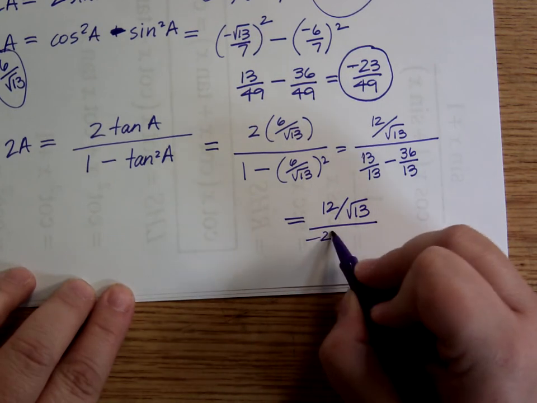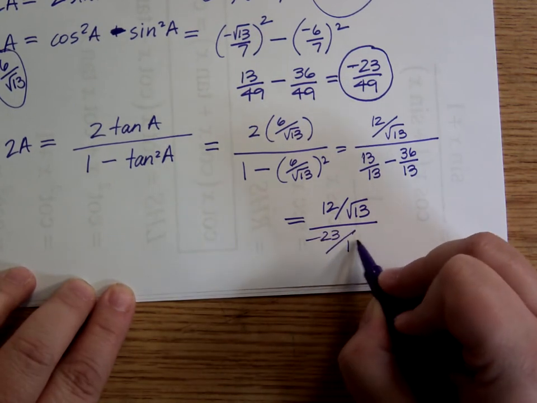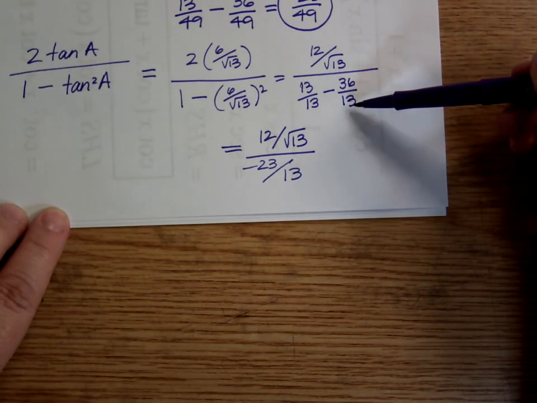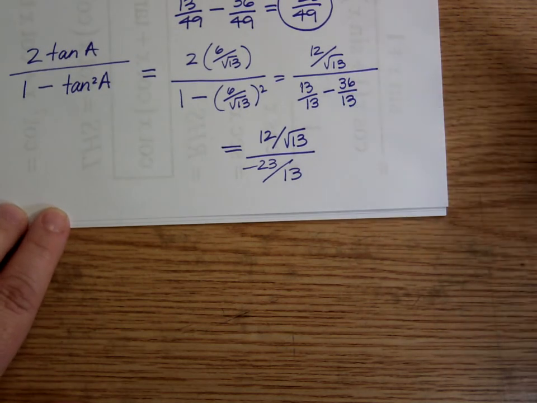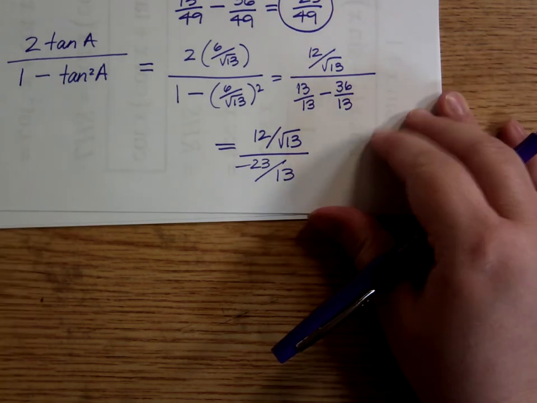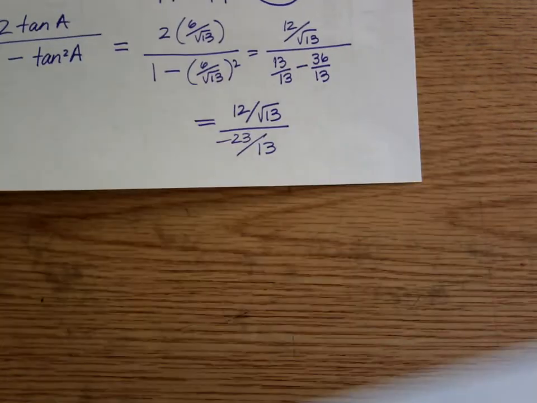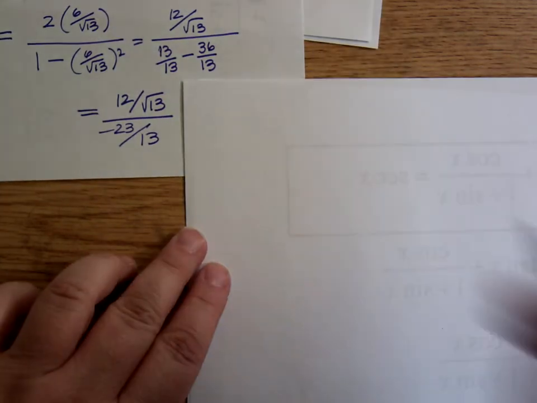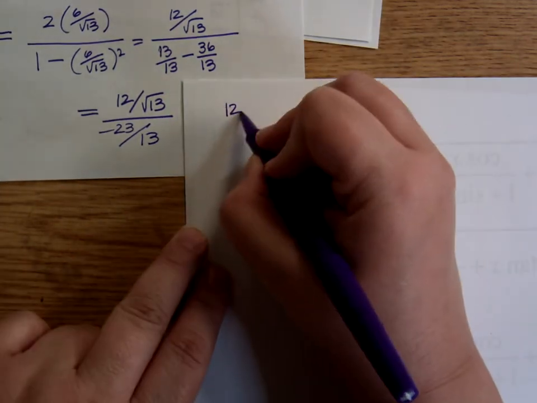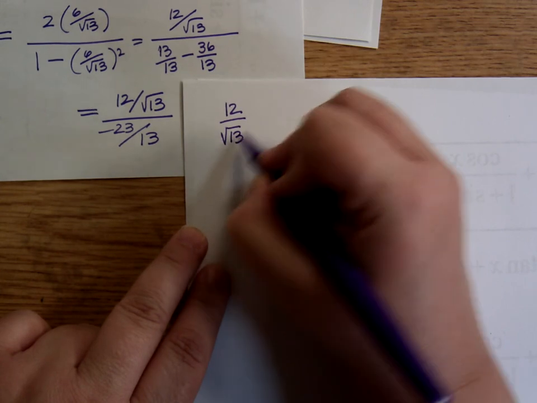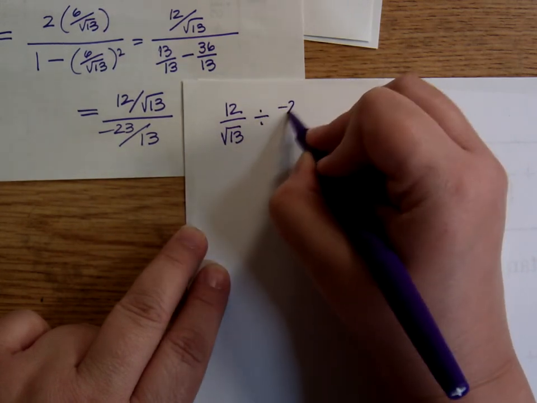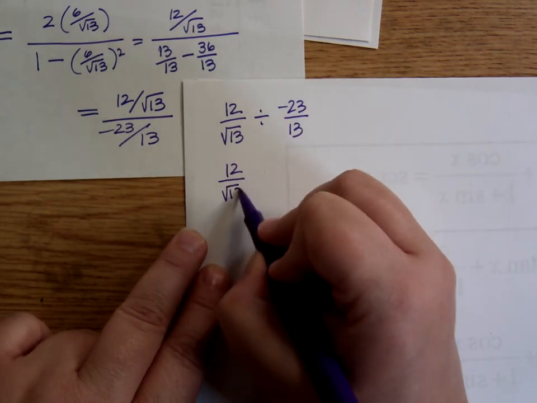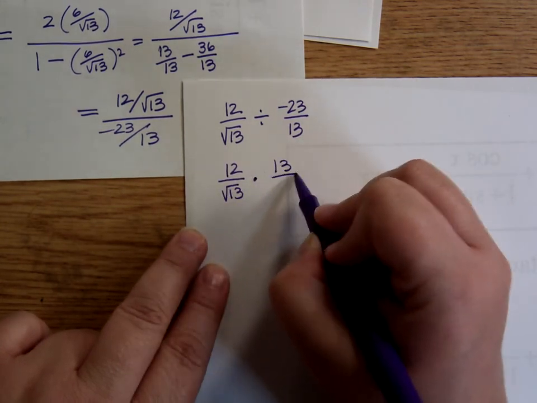Okay. I was thinking that my denominators would cancel, but they won't because they won't be the same. This is regular 13 now, not root 13. So let me give myself some more space, i.e. paper. And let's go ahead and write this out as division. This is 12 over root 13 divided by negative 23 over 13, which means 12 over root 13 times 13 over negative 23.